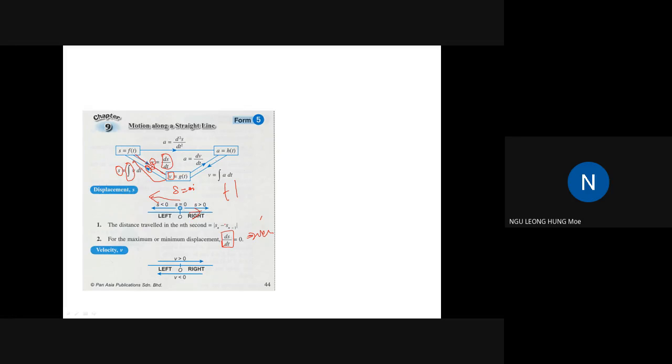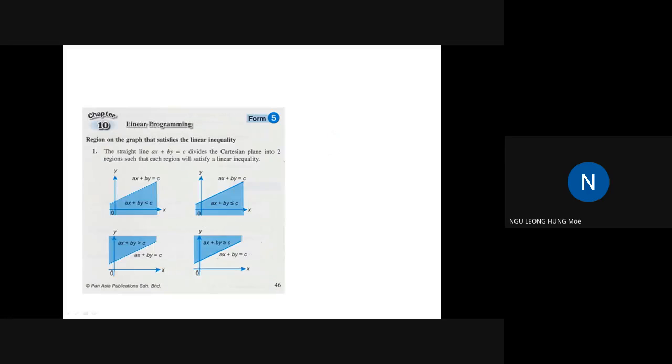And also the others: displacement to acceleration, so differentiate 2 times. This one should be no problem. This one also okay.